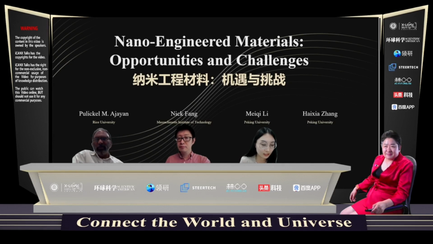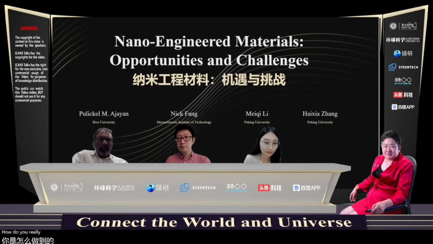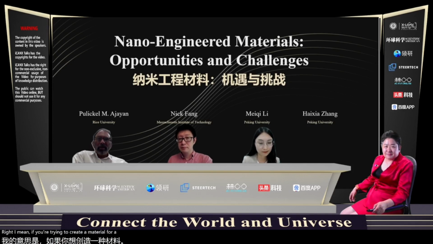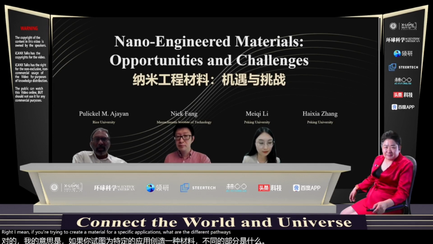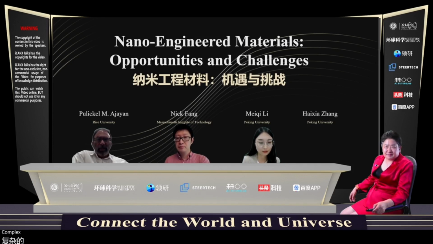One of the things that I was telling during my talk is, how do you really optimize a large number of possibilities, right? I mean, if you're trying to create a material for a specific application, what are the different pathways you can take? What is the best combination of structures, particularly if you're thinking about complex, multi-component kind of systems.